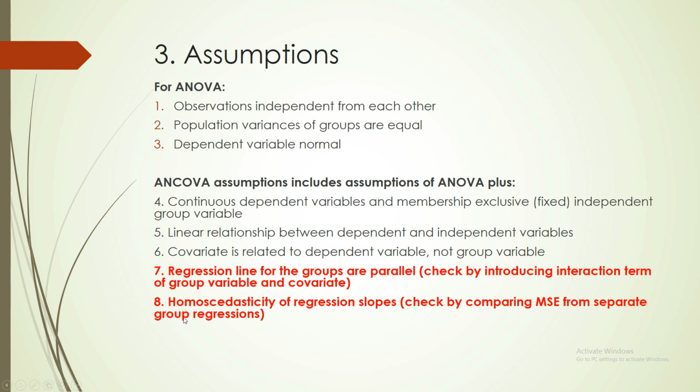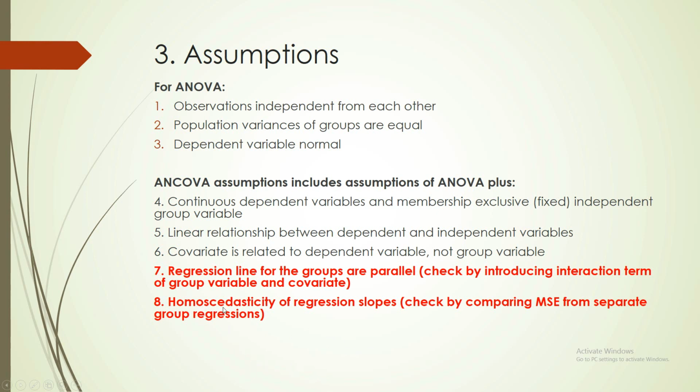And the last assumption that we must meet is the homoscedasticity of the regression slopes, and this we can check by comparing the mean square errors of the separate group regressions. So let's say if we have J number of groups, there will be J number of regressions.